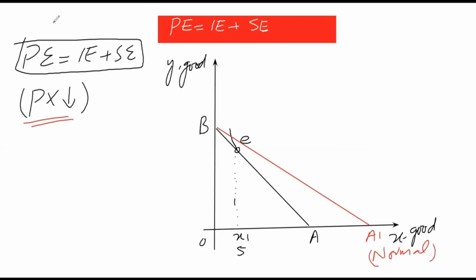So the new equilibrium will take place at some point which shows a greater quantity of X good purchased by the consumer, because it is now less costly, so the consumer will purchase more quantity. That is, let's say, X2 quantity of normal good, and X2 is any quantity, so it can be, let's say, 15 units. So the consumer was initially purchasing 5 units, now he is purchasing 15 units.